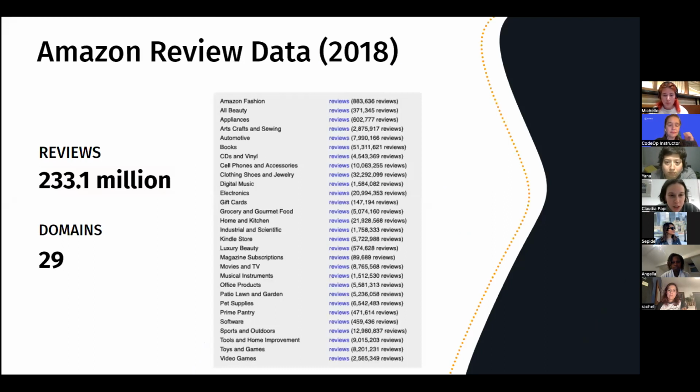Okay, so essentially we downloaded data frames from the Amazon website. This was the available data on different products that Amazon sells. We went with music and movies and Kindles, as I mentioned before.